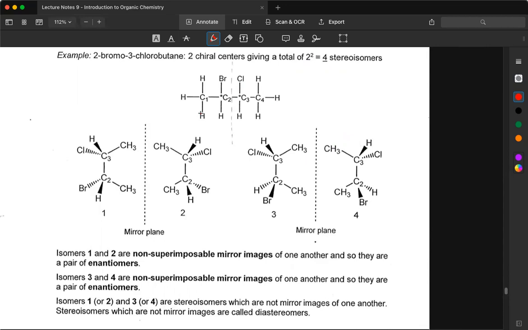You can rotate this to become this, yes.